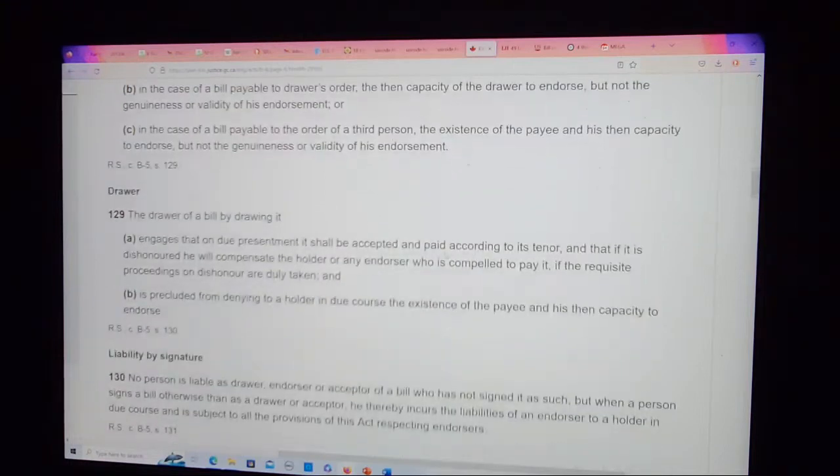B. In the case of a bill payable to drawer's order, the then capacity of the drawer to endorse, but not the genuineness or validity of his endorsement. Or C. In the case of a bill payable to the order of a third person, the existence of the payee and his then capacity to endorse, but not the genuineness or validity of his endorsement.